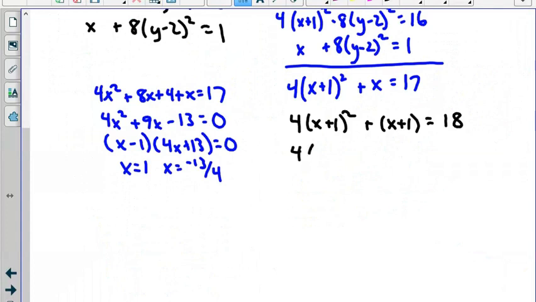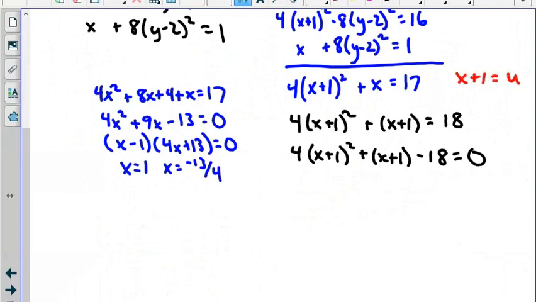What I can do is take x plus 1 and set it equal to some other kind of dummy variable. So I'm making a substitution. I'm using u or some other variable as a way to substitute in for x plus 1. So I can replace x plus 1 with u.